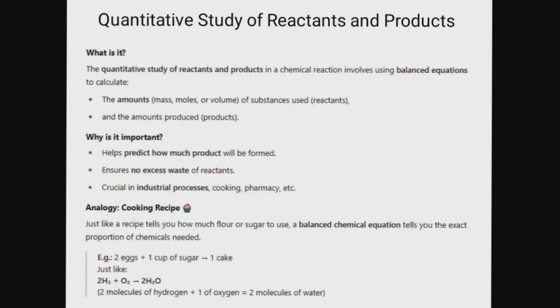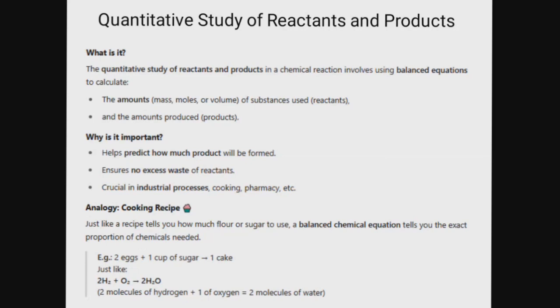Or when we have a product that can dissociate down to a reactant, in the sense that we have different types of reaction. We also have what we call dissociation reaction, in which a product can break down and thereby act as a reactant to form a new product. So this can also help us to know the reactant that helps to form this product. Then it can also ensure that there is no excess waste of reactant.